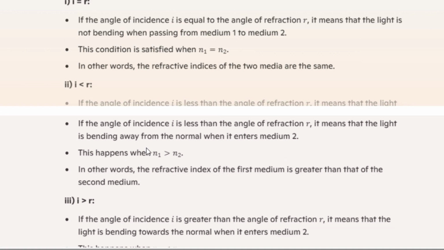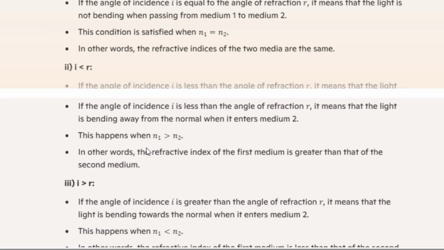When you pass a light through it, there's supposed to be a refraction, and this happens when N1 is greater than N2. In other words, the refractive index of the first medium is greater than that of the second medium.